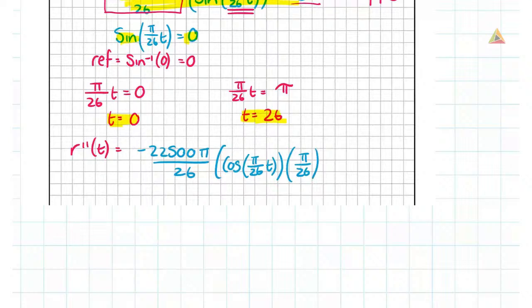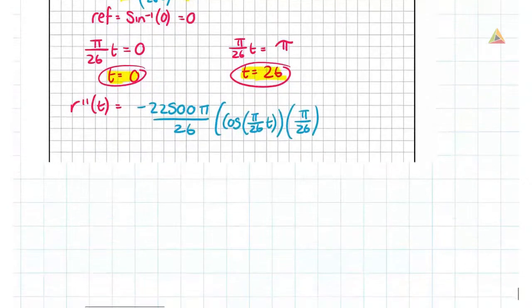Okay, and all that we're doing is we're subbing in both the 0, so both my answer from here and my 26, and what we're looking for is, at a minimum, we're looking for a positive second derivative. Okay, so at a minimum, our r double dash t is always going to be positive.